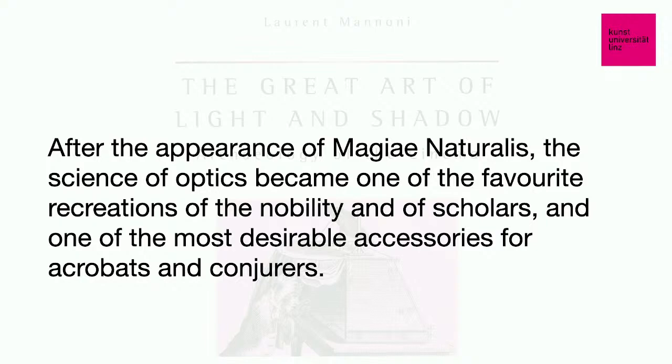So this book was published in 1558 by Giovanni Battista della Porta, and in this book he detailed the optical principles involved in the magic lantern, which became a very, very popular public spectacle.